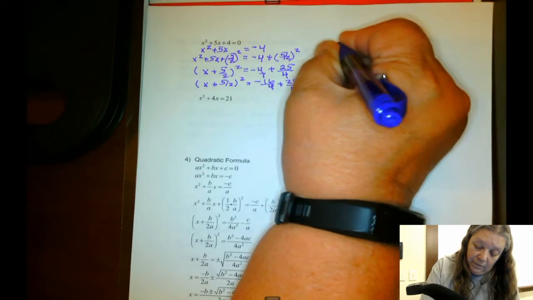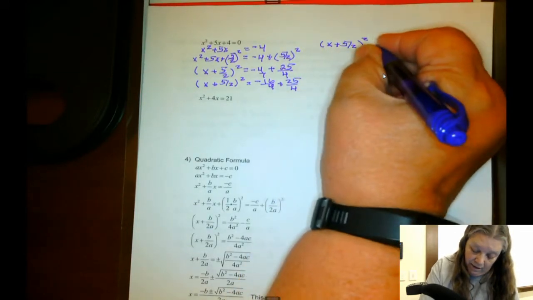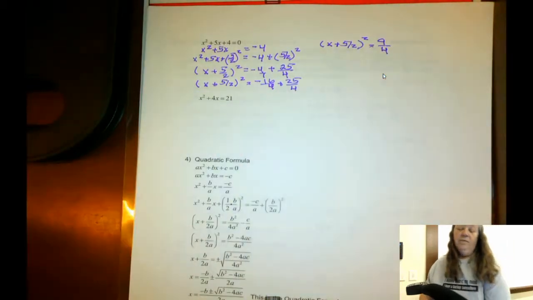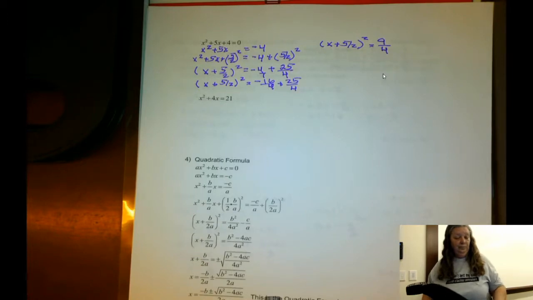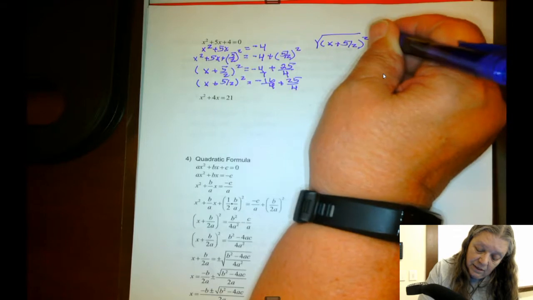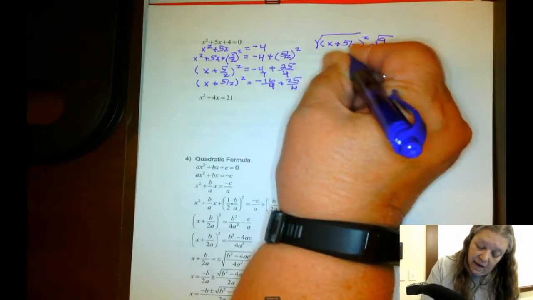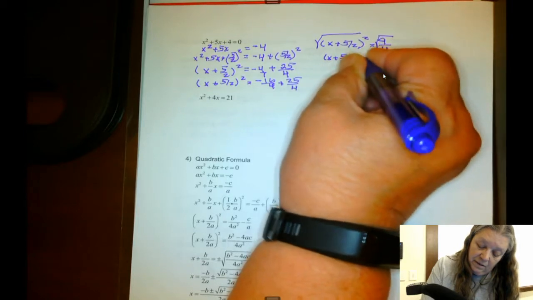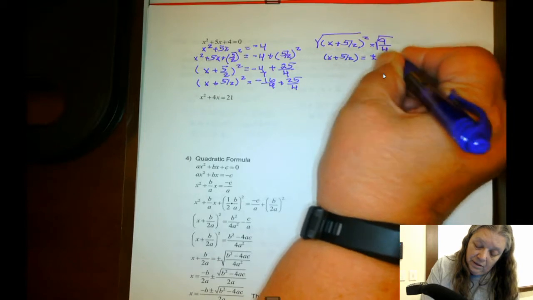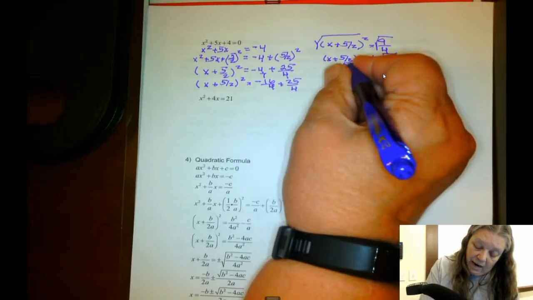So x plus 5/2 squared equals 9/4. Now square root of both sides. So x plus 5/2 equals plus or minus square root of 9/4. Subtract 5/2.